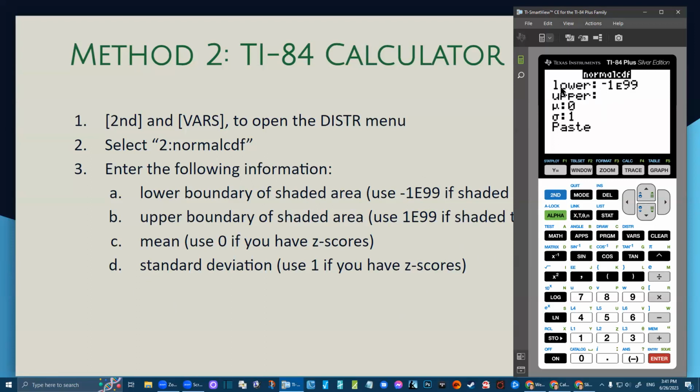And it's assumed we're going to give it a z-score because it defaults to 0 and 1. You don't have to do this. You can put any value in here you want. So lower bound of your shaded area, upper bound of your shaded area, your mean, and your standard deviation.